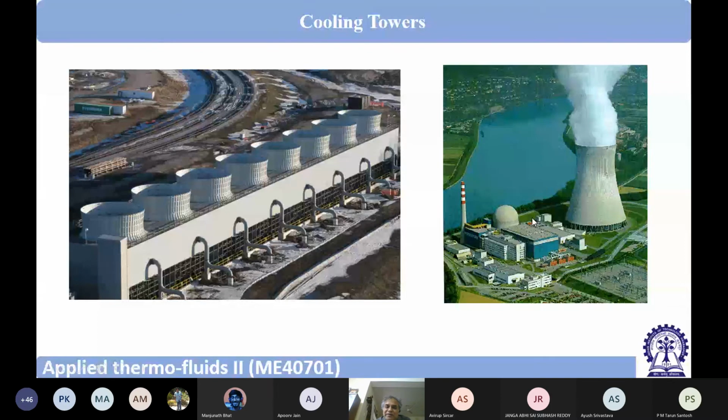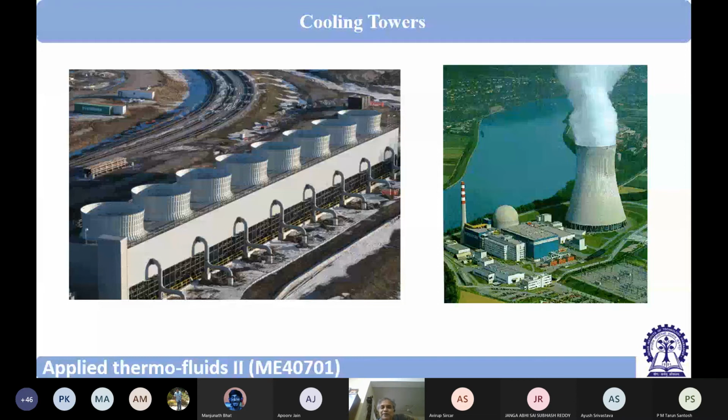This kind of passive system gives good reliability: even if there is fan failure, as it does not depend on the fan, it will go on cooling. It does not mean that natural draft cooling towers are not used elsewhere. They are used in other kinds of power plants also. But invariably, in at least 90%, 95% of cases, nuclear power plants show a natural draft cooling tower.